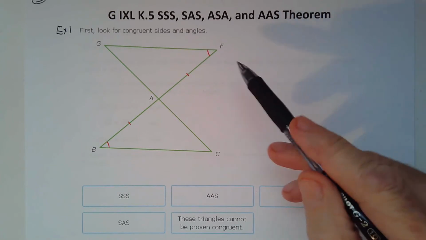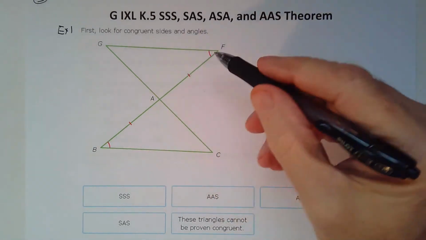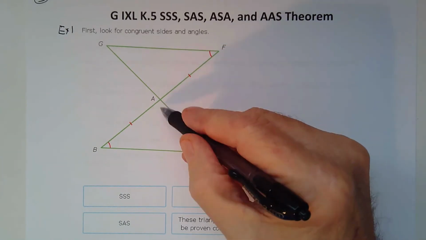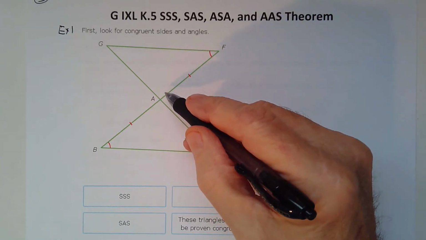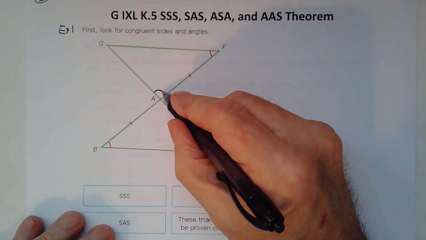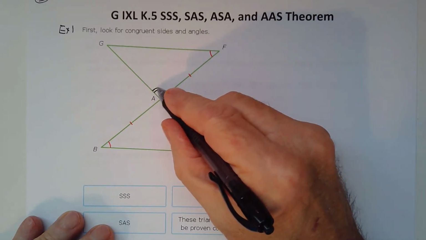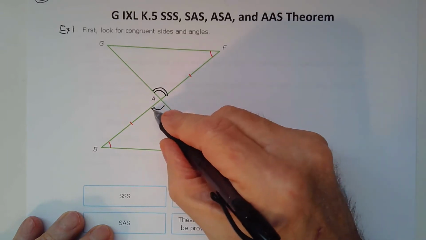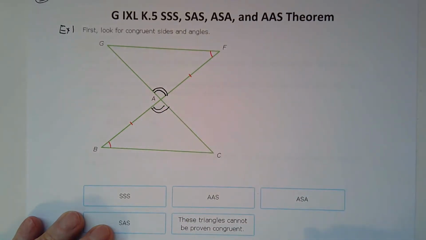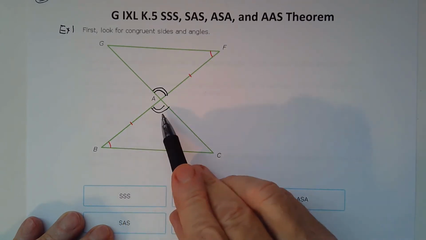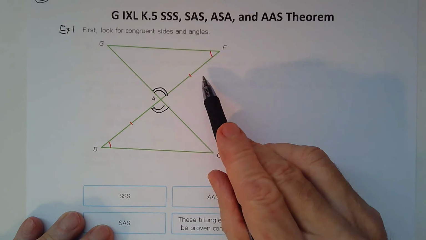And in this case, if you'll remember, looking at this, you've got these two triangles connected by what we call a vertical angle. And vertical angles are congruent. So this vertical angle here is congruent to this vertical angle here. So now that we know that, we have an angle, a side, and an angle, angle, side, angle.